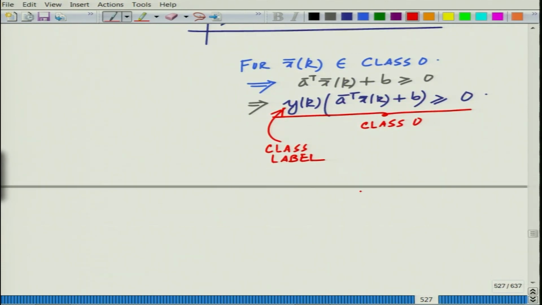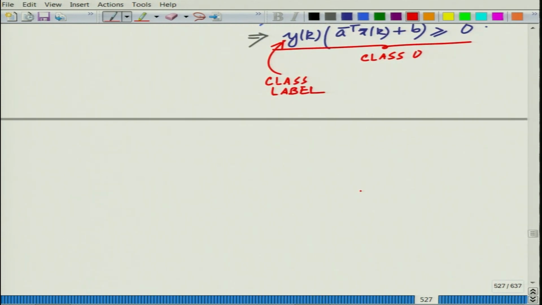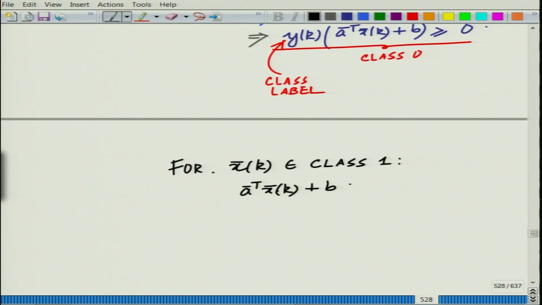Now, similarly for all x bar k in class 1, we have A bar transpose x bar k plus b less than or equal to 0. Once you bring yk into the picture, remember yk equals +1 for class 0, and here yk equals -1.